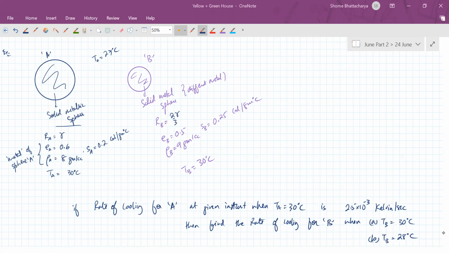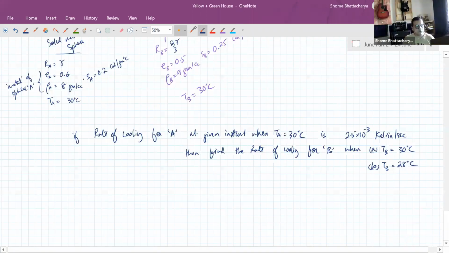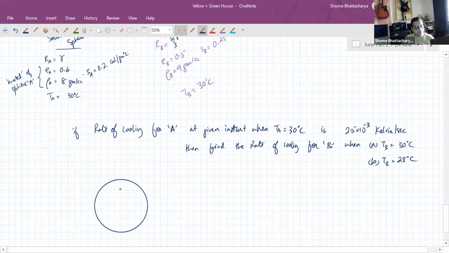Okay, so let's understand this. First, let's understand the constant of proportionality for a spherical body. Then we can come down to comparing the two.